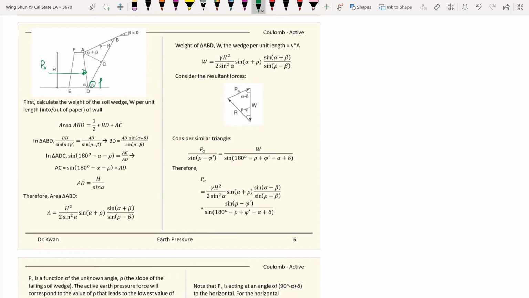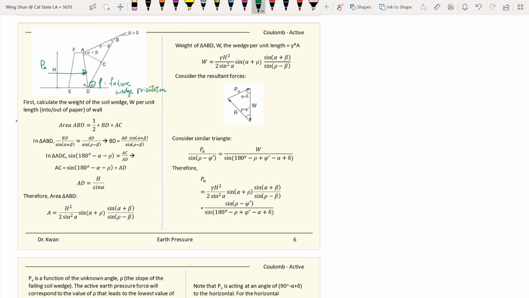Rho here. So rho is the failure wedge orientation, and this angle here depends on your failure wedge.